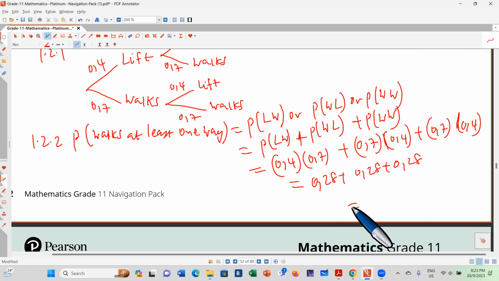Okay, and then if you add everything, you'll get the answer. In other words, it will be 3 times 0.28.